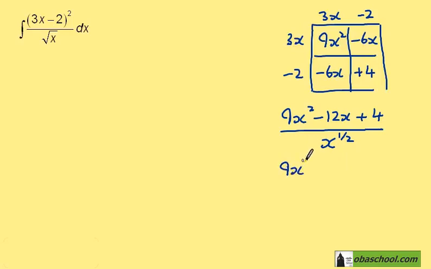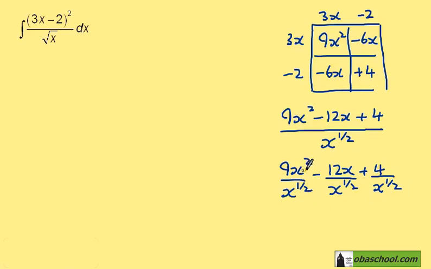We need to split this fraction: 9x² over x to the half, minus 12x over x to the half, plus 4 over x to the half.